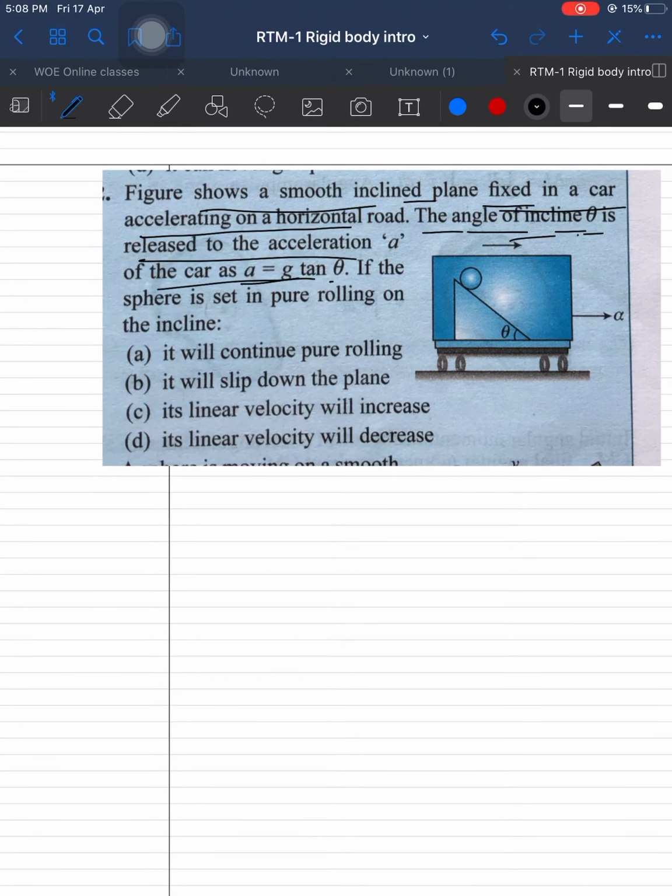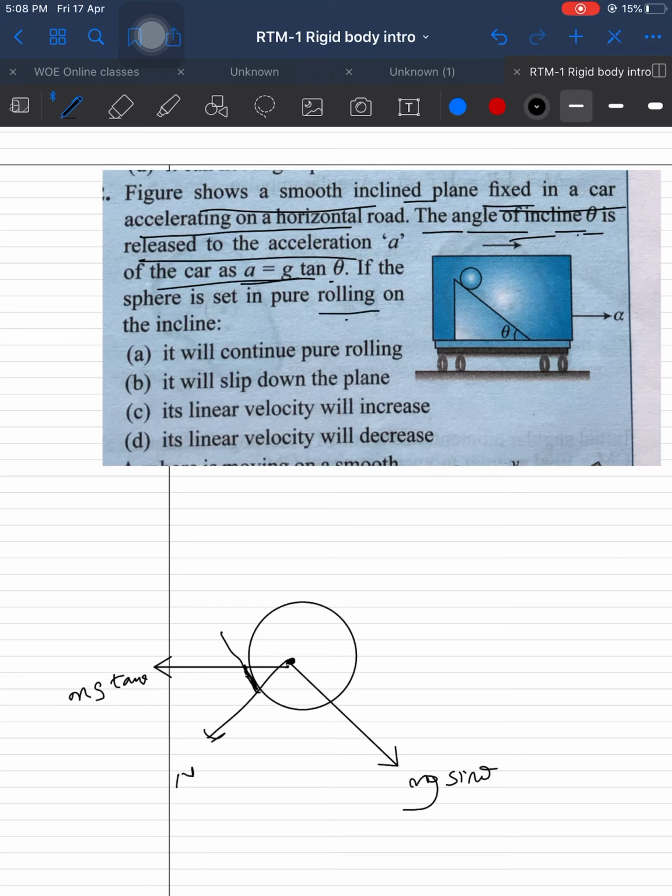Let's draw a free body diagram of the rolling body. The pseudo force acts in the backward direction, and there is one more force, mg sin theta, with m into a equal to m g tan theta. In the downward direction the normal will act, and there is friction, because it is doing pure rolling.